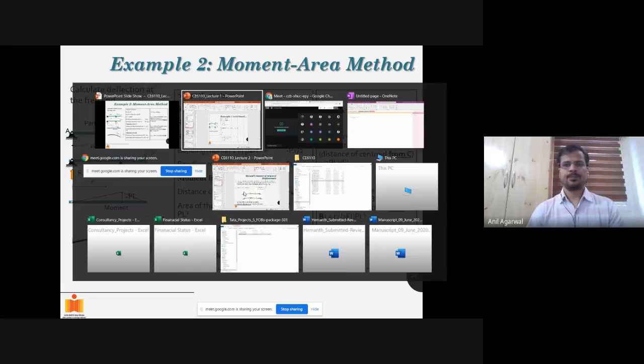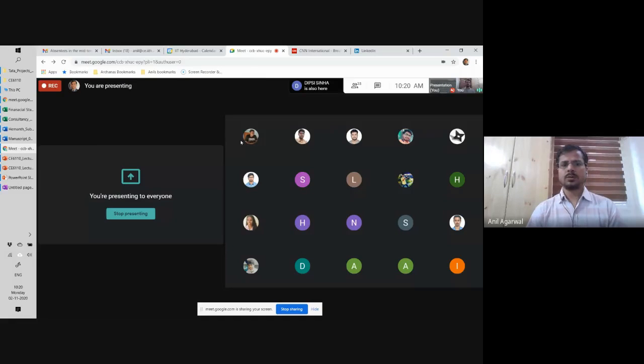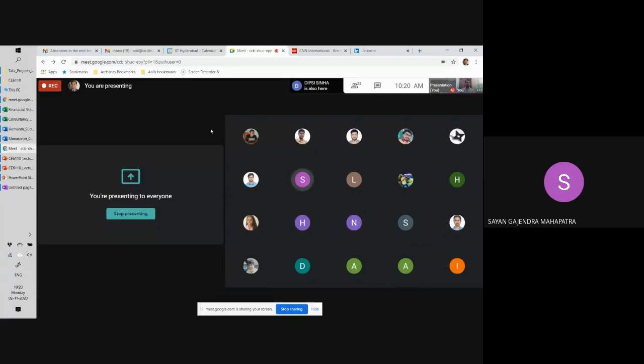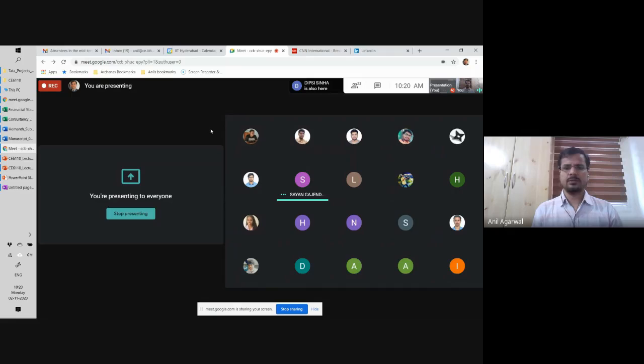Nobody? There are two parts of moment area method, right? That the change in the slope between the 2 points is equal to the area of M by I diagram. Correct. That is the first part. Very good. The second part?